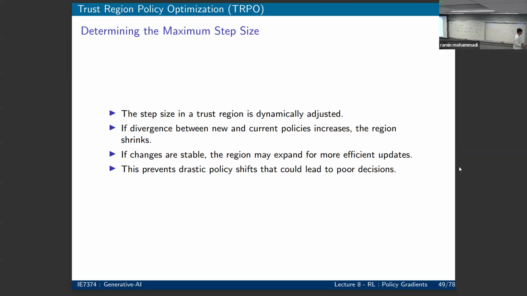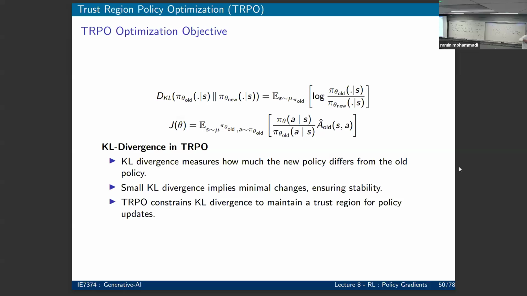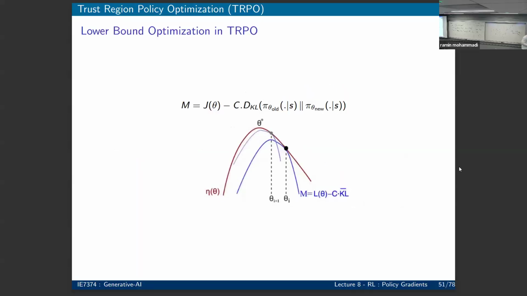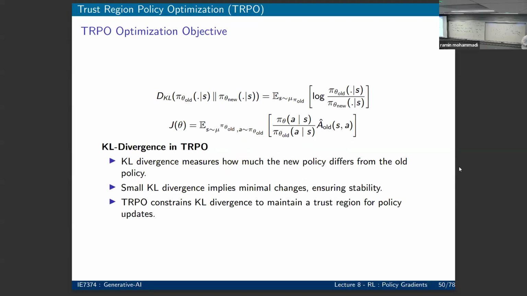So if changes are stable, we basically expand the region. Now, so let's go to here. One of the ways that we could enforce that divergence is the KL divergence, right? If you think about the KL divergence, we basically have this expectation over S, basically all the states, for all the states, this log value, right?